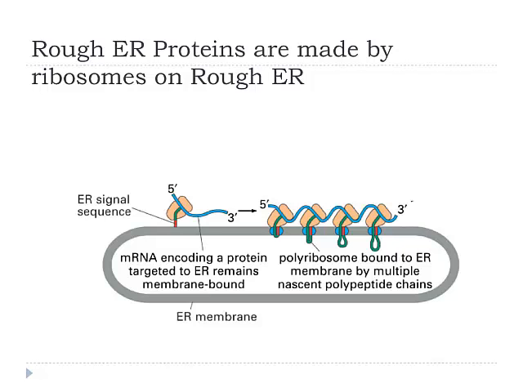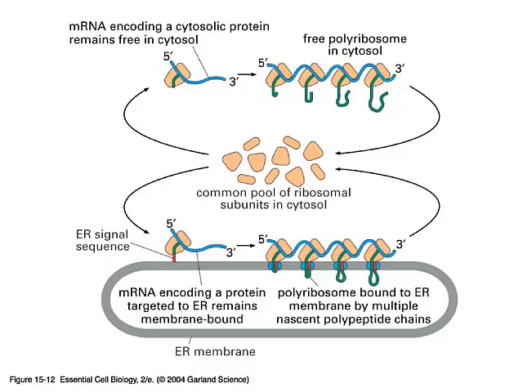So there are a lot of these translocator channels through which a new protein can be shipped as it's being translated. So while there's this common pool of ribosomes in the cytosol, some of them are used on the rough ER, and then once that translation is complete, the ribosomes disassemble and remain as part of that pool in the cytosol.